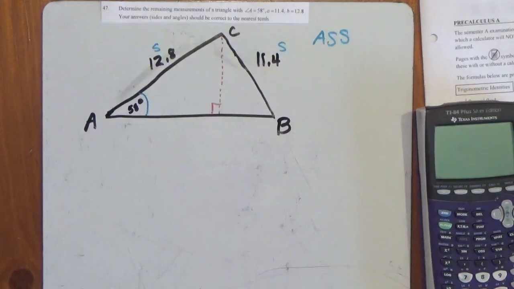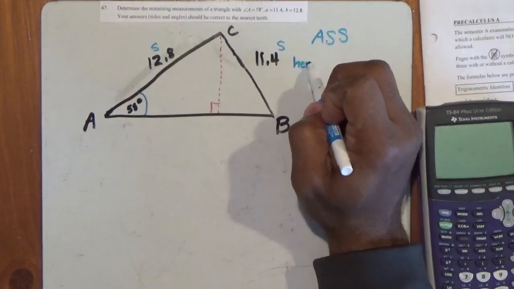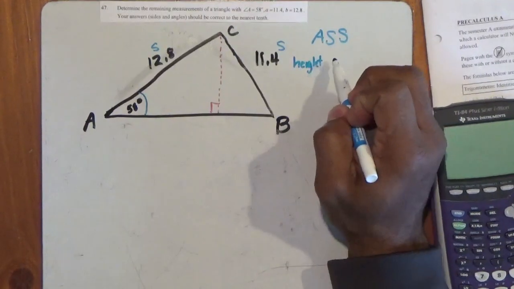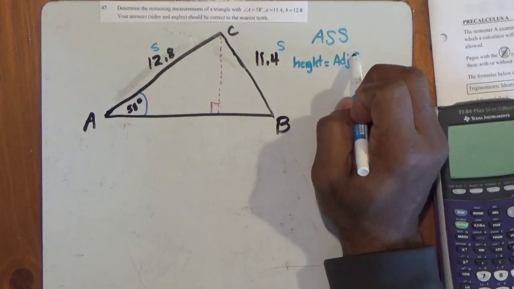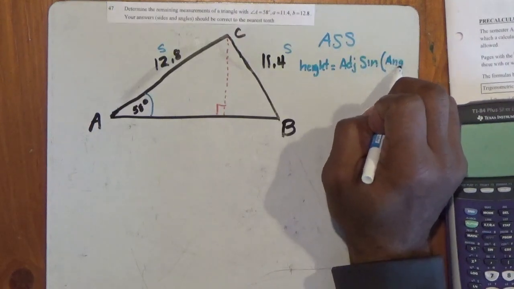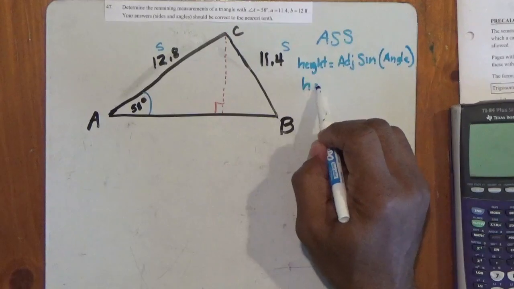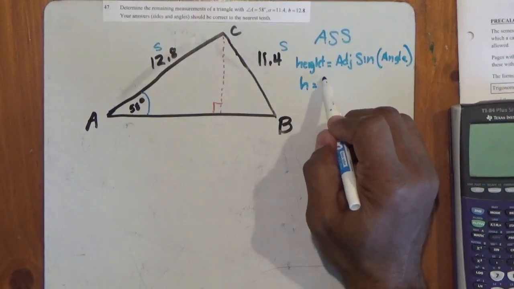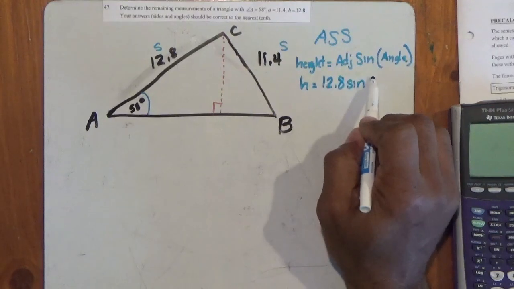Finding the height is going to be the adjacent side times sine of the angle we know.